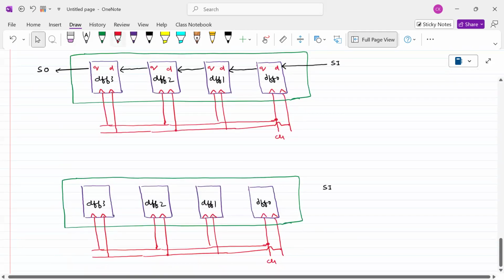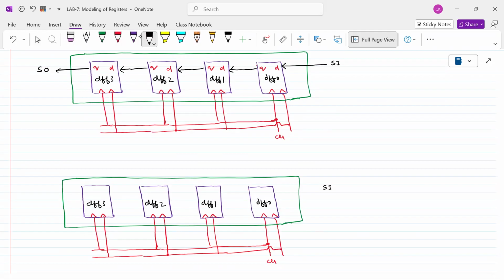Now the shift right operation. That means the position of D3 should be here only, but from this side to that side I have to go. I'm fixing this value in this way. Therefore D3, Q3 here, Q2 here, Q1 here, Q0 here.